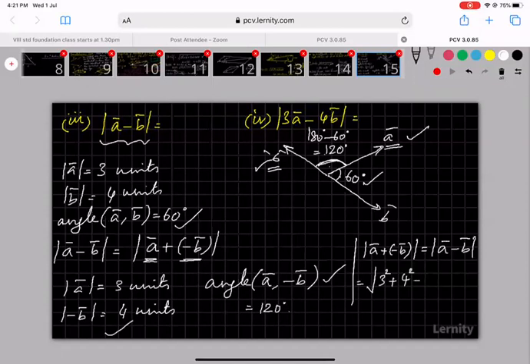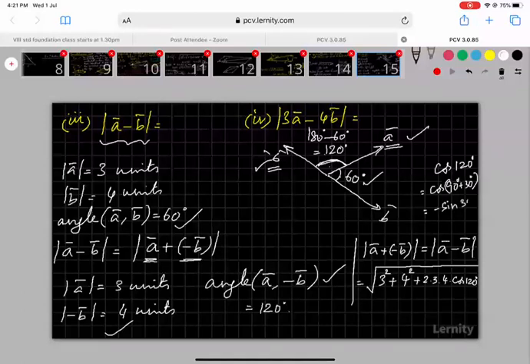Okay, so 4 square plus 2 into 3 into 4 into cos of 120 degree. What is the value of cos of 120 degree? Cos 120 degree is equal to cos of 90 degree plus 30 degree. Cos of 90 degree plus alpha is minus sine alpha. So minus sine 30 degree, which is equal to minus half.